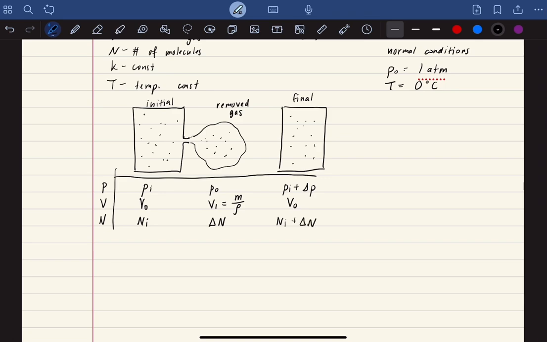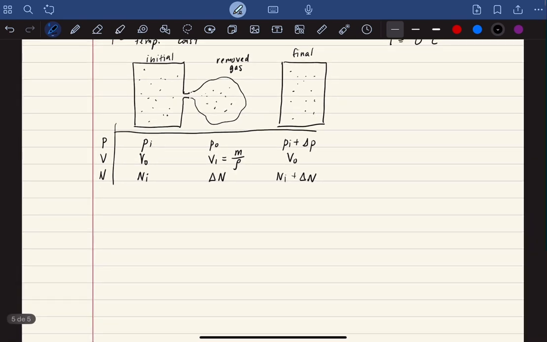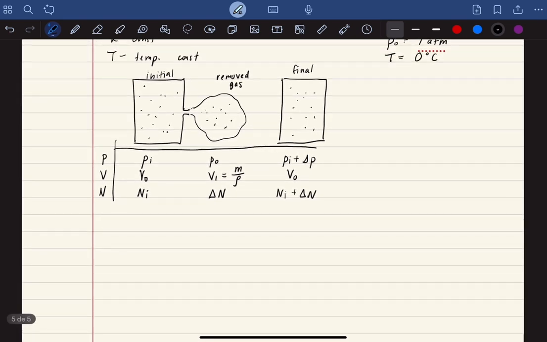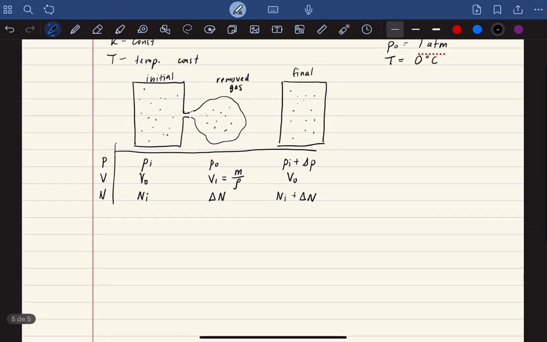Now we're ready to set up our equations of state. For initial, we have P V equals N KT. For removed gas, we have P naught V1, which I'll write as m over rho, equals delta N KT.